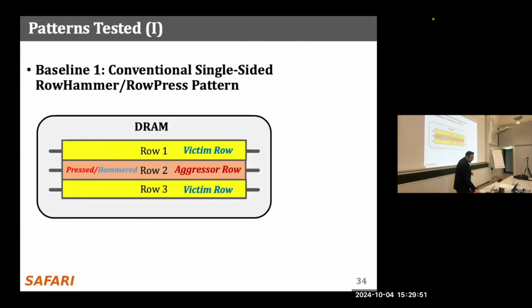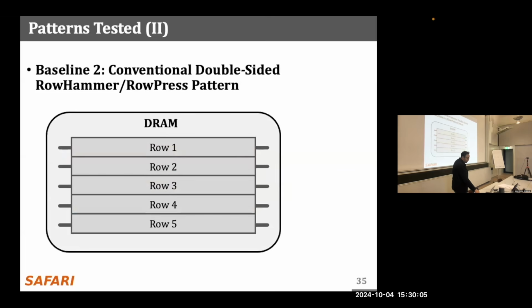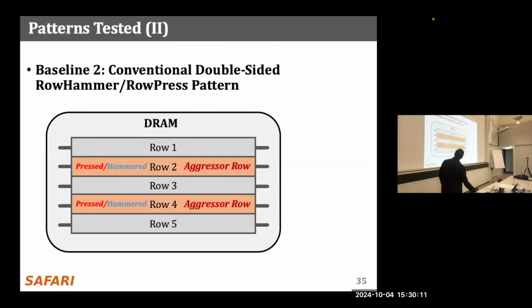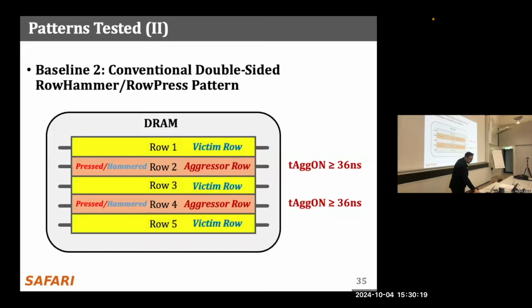Our baseline access pattern is single-sided RowHammer or RowPress, and we use the tAggON parameter again and sweep it from 36 nanoseconds to some other values. And this is our conventional double-sided RowHammer RowPress attack. We have row 3 as the victim, and we sandwich it from both sides, and we again sweep the tAggON value for them.